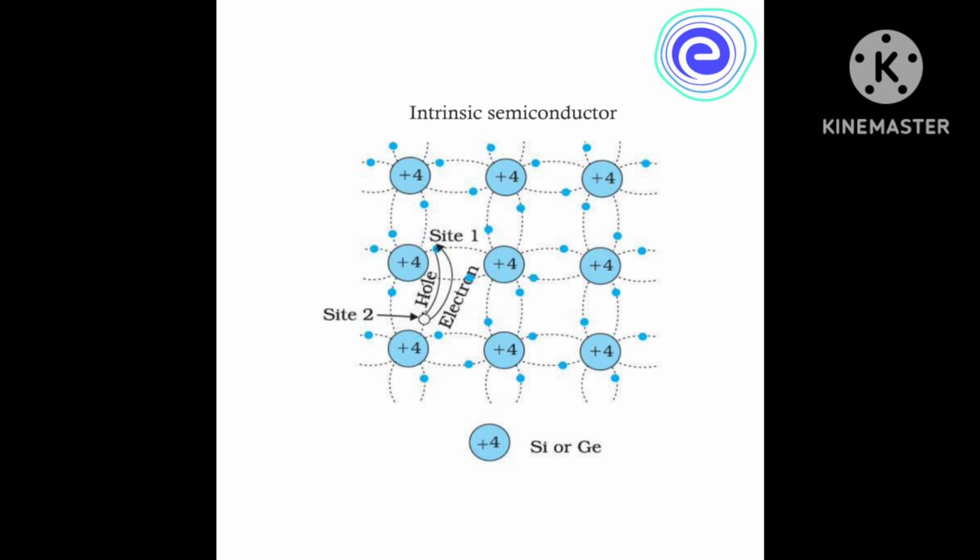These three examples I am telling you: titanium oxide, CrO2, or rhenium oxide, ReO3, behave like metals. They are oxides, but they will behave like metals.